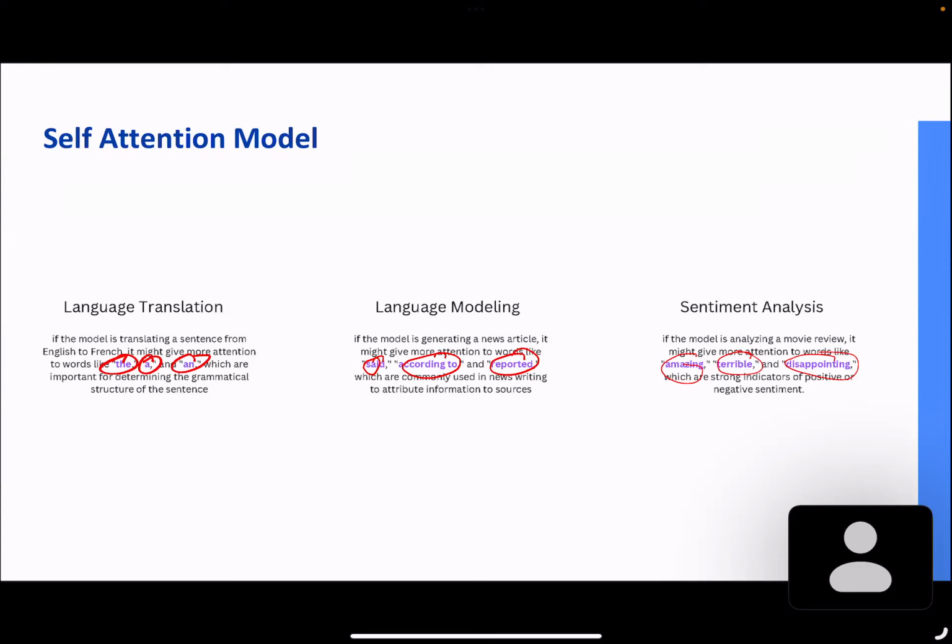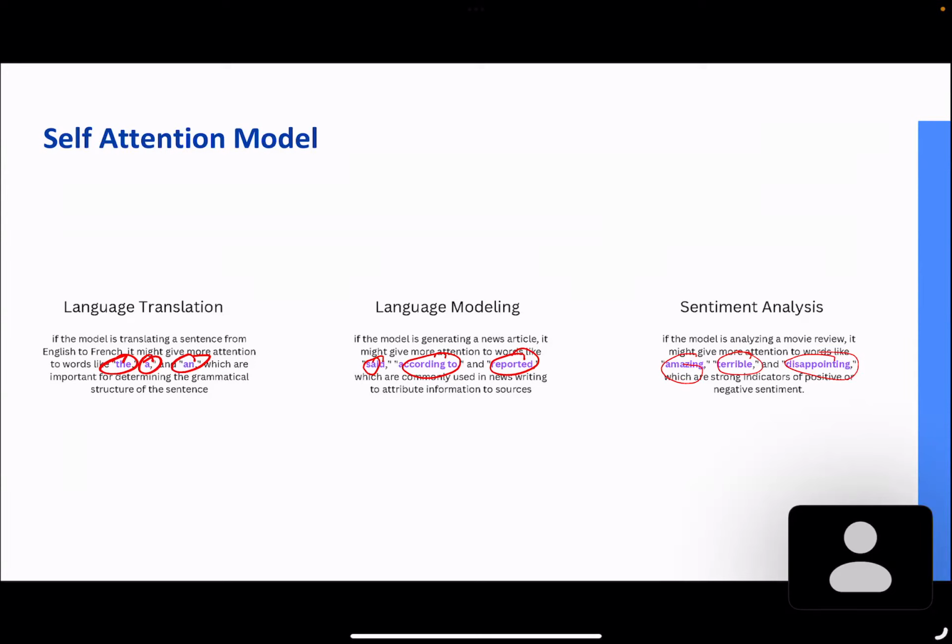For example, in language translation, we need to focus on this type of words, like be, a, and am. In language modeling problems, we need to focus on words like said, according to, and report it.